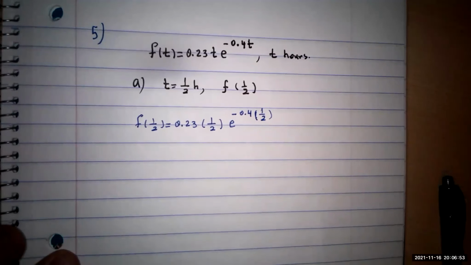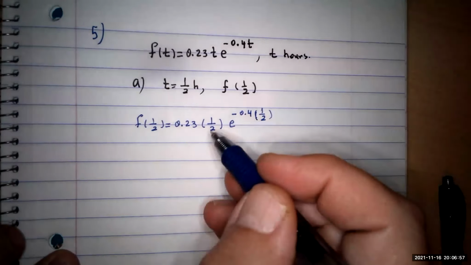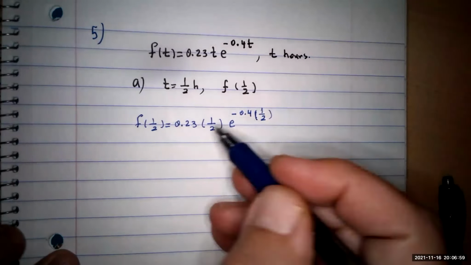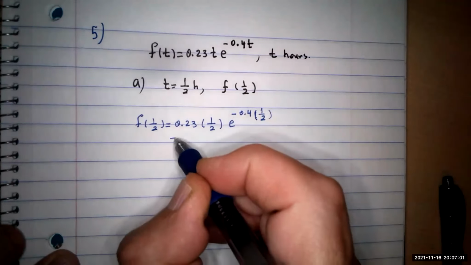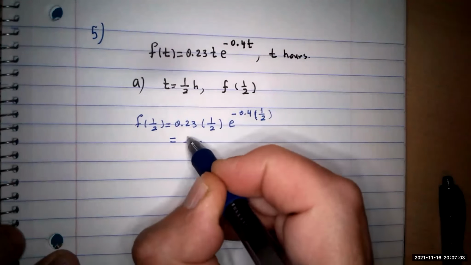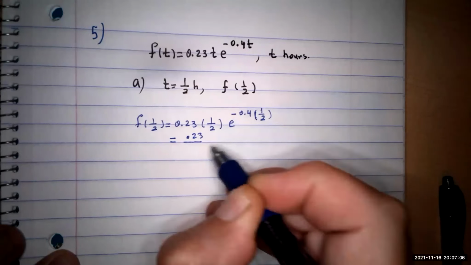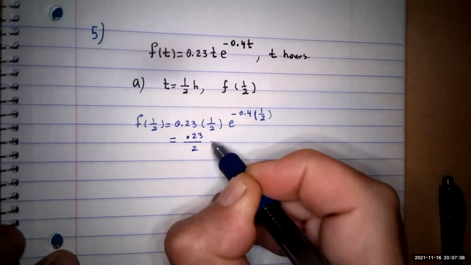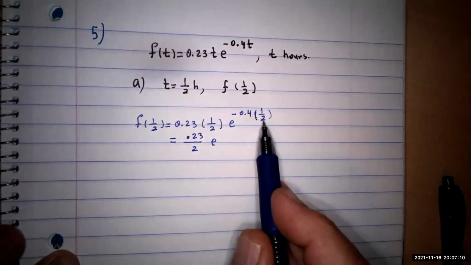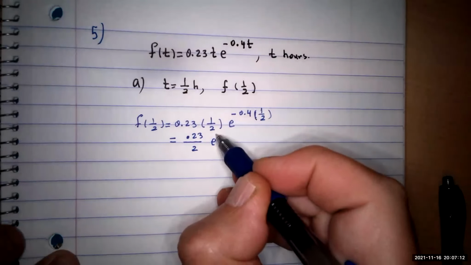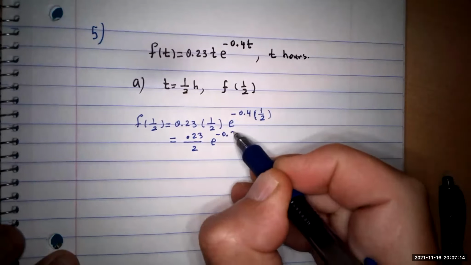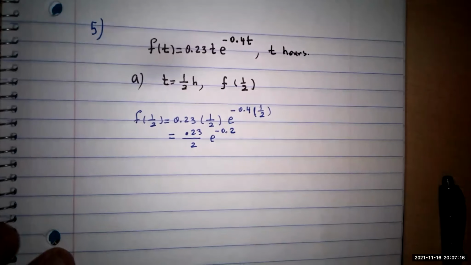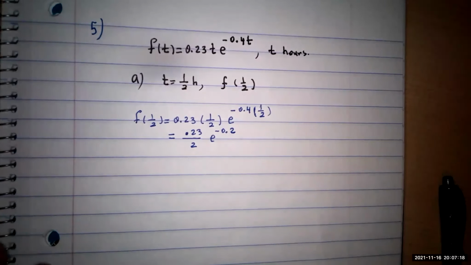So you simplify and use your calculator and give us the percentage if you like. We cannot simplify much. It's going to be 0.23 divided by 2 times e to the negative 0.2.